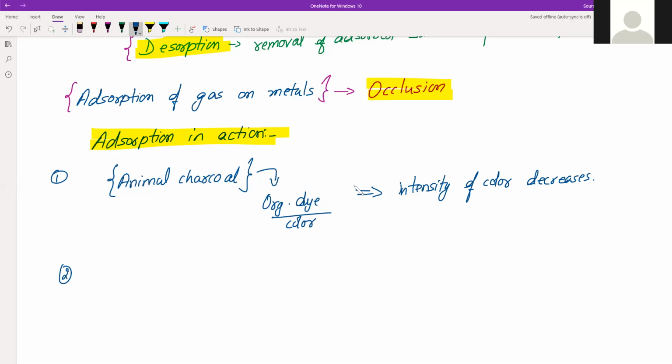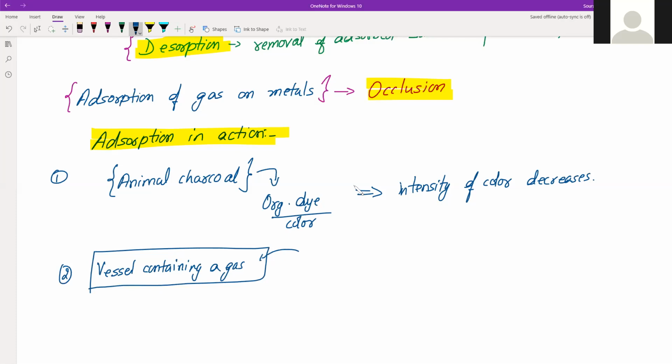So take a vessel containing a gas, and in that vessel add some finely divided or powdered solid. What we observe is the pressure of the gas goes down.